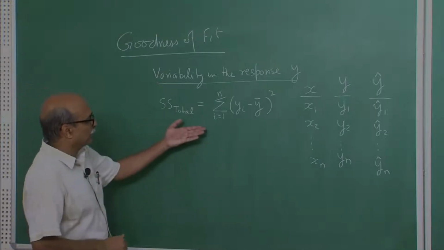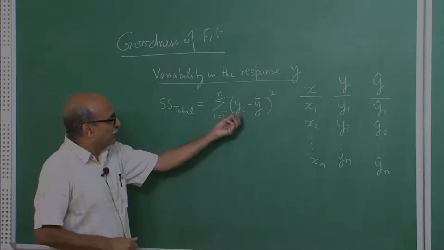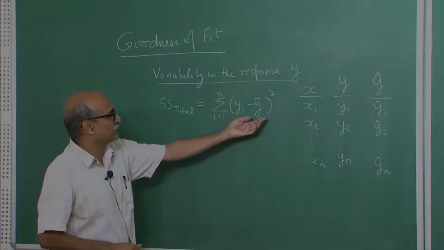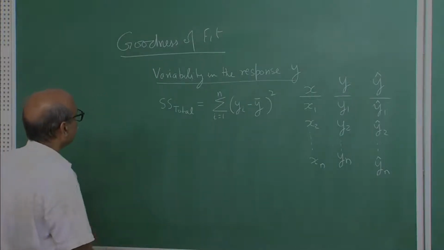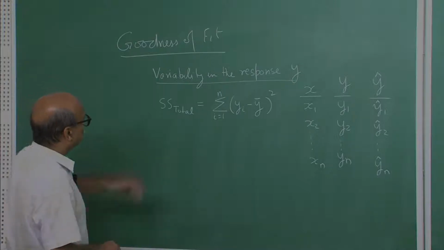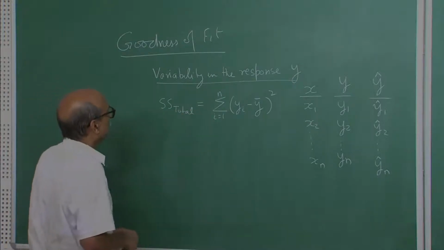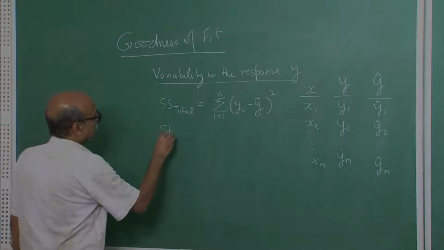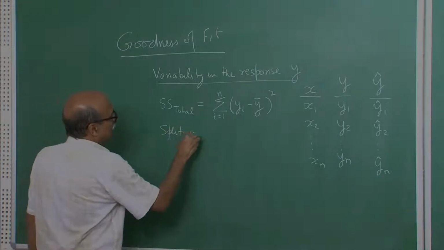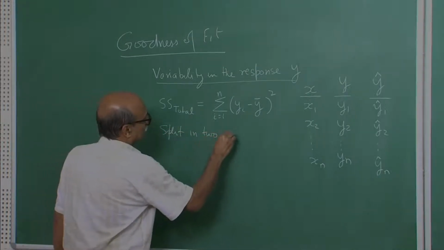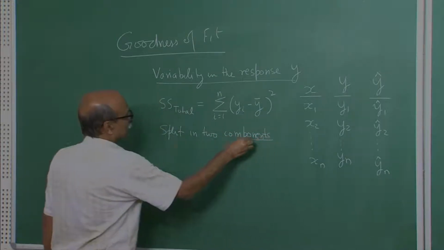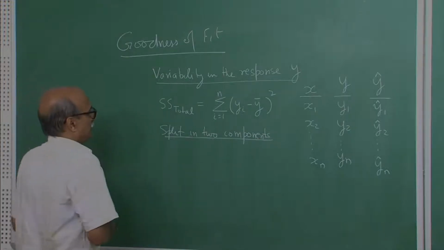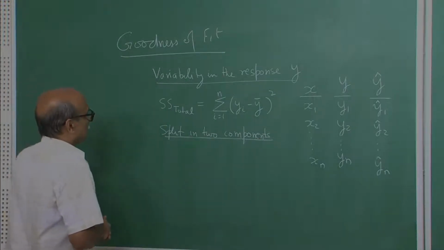This is the total deviation of the measured quantity from the average value of the response. Now, this total variability can be split into two components. What are these two components?